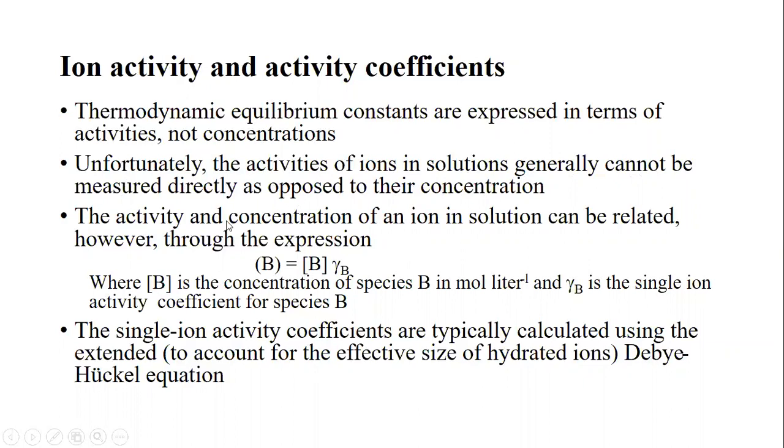So the activity and concentration of an ion in solution can be related, however, through the expression: the activity of B, any ion, equals the concentration of B times gamma of B. We will know what gamma of B is in a minute, where B in brackets is the concentration of species B in moles per liter, and gamma of B is the single ion activity coefficient for species B. Species B means any ion in salt solution, cation, anion, it doesn't matter.